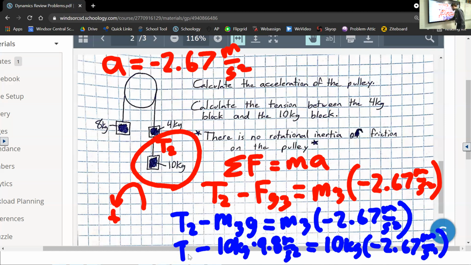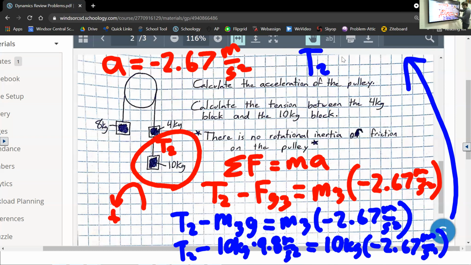There we go. And I can solve for T2. And in this case, my T2 came out to be T2 equals 71.3 newtons. Zach, let me know if you agree. I might have made a math error, but I don't think I did.